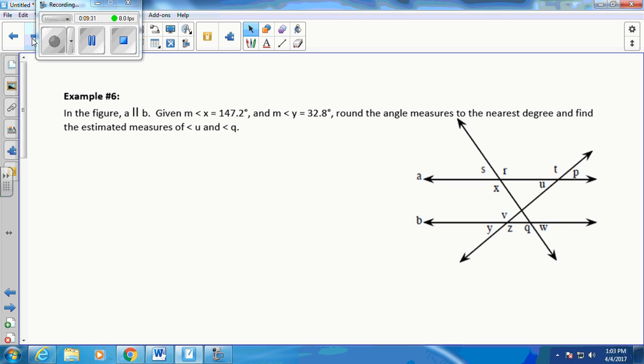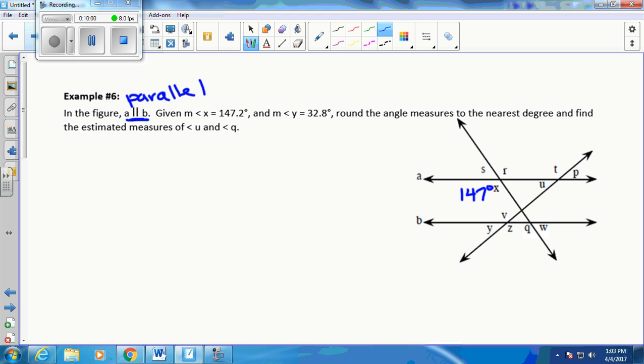Example number 6 says that in the figure, A is parallel to B. These two lines right here mean parallel. Given the measure of angle X is 147 2/10 degrees, and the measure of angle Y is 32 8/10 degrees, round the angle measures to the nearest degree and find the estimated measures of angle U and angle Q. So X is going to become 147 degrees.